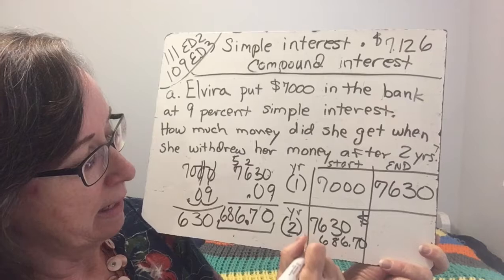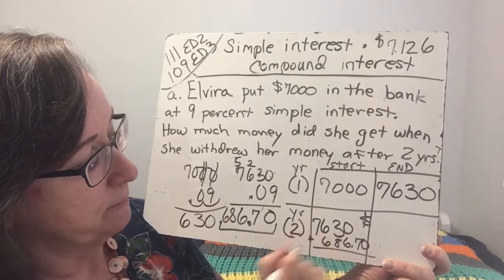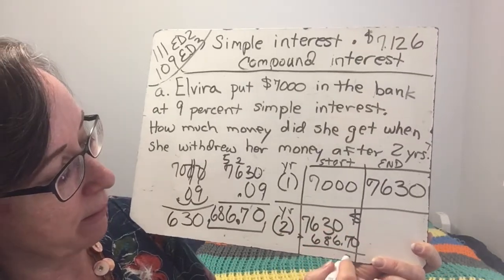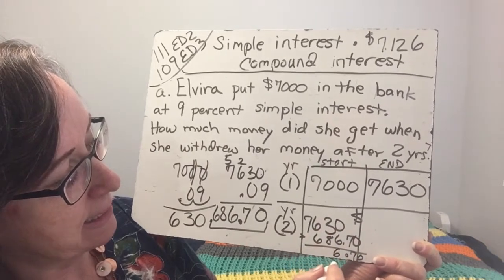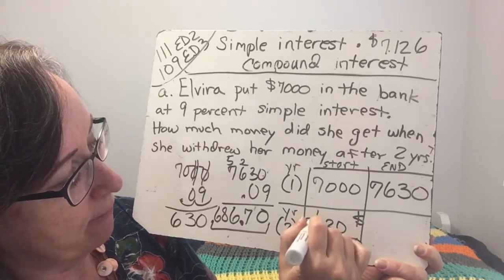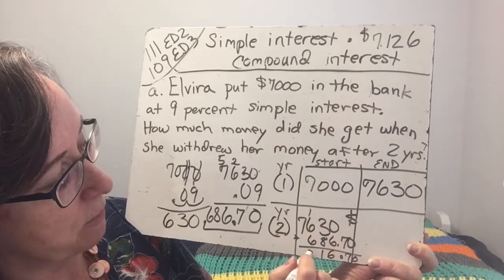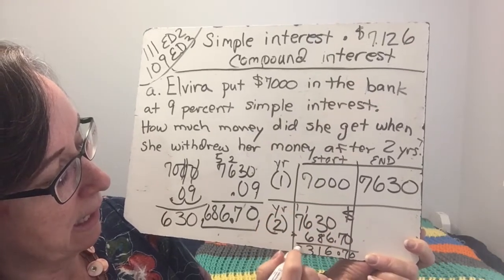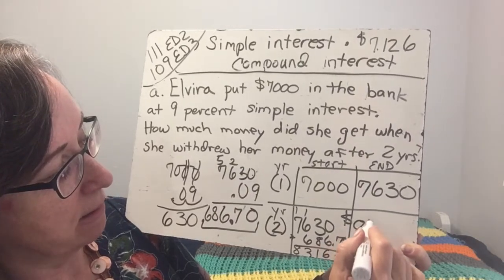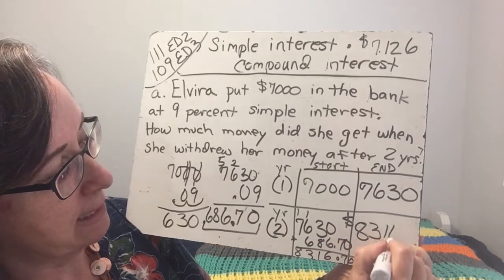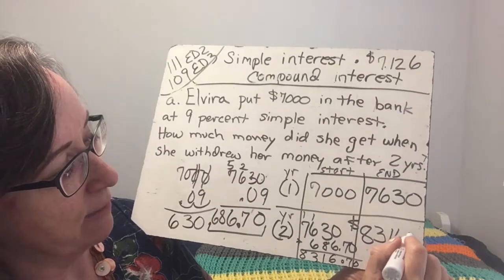Now we're going to add those two, and we're going to end up with the 70 is going to stay, and then 6, and then 11, and then 12 plus 1 is 13, 8. Now she has $8,316.70.